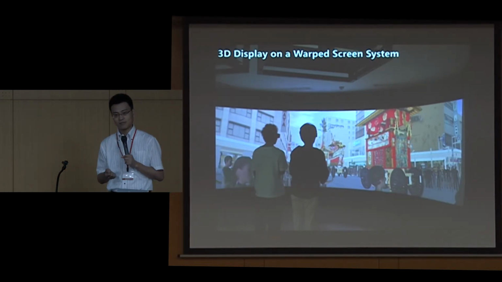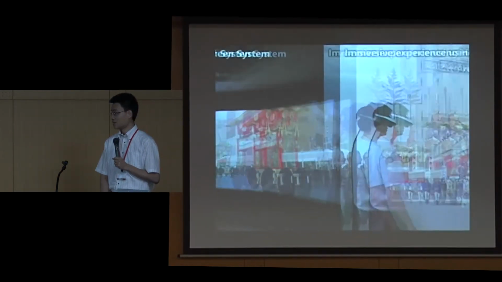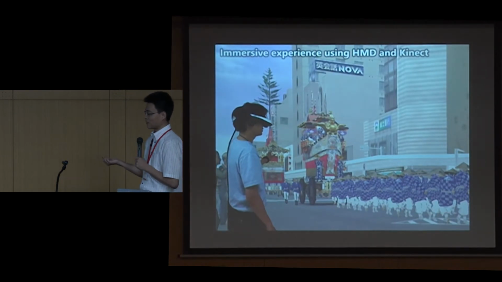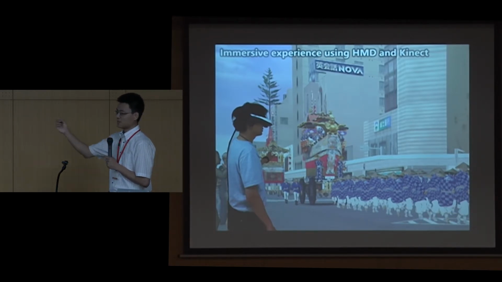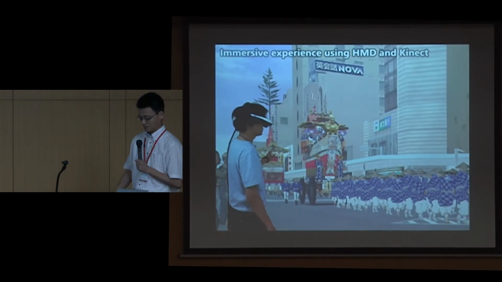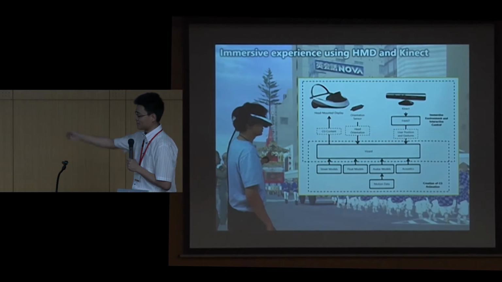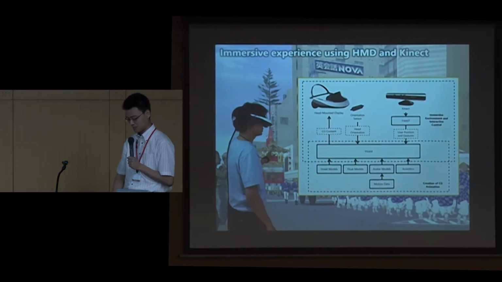And also you can change the viewpoint using a gamepad interactively in real time. And also you can put the contents on an HMD, and use gestures to control your viewpoint and reset the float, using a Kinect. This is how the system works, so I'll skip it.